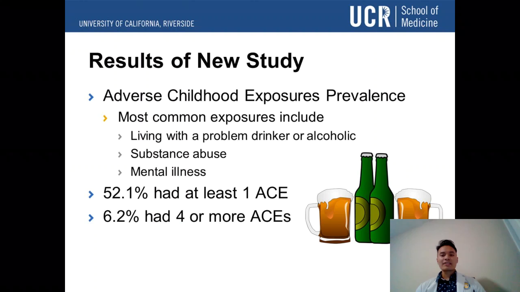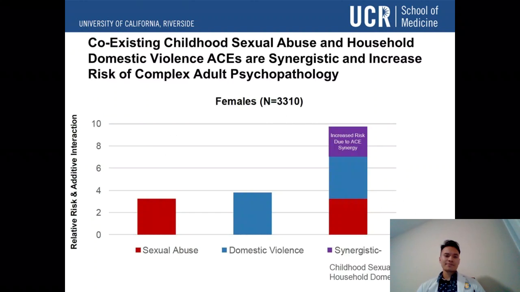When they looked at ACE prevalence, the most common exposures they found were living with a problem drinker or alcoholic, substance abuse, and mental illness. They found that 52.1% of the people in their study had at least one ACE, similar to the 60% to 64% that we found in an earlier study, and 6.2% had 4 or more ACEs.